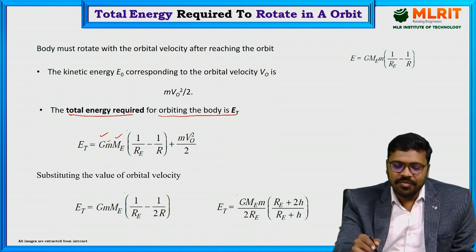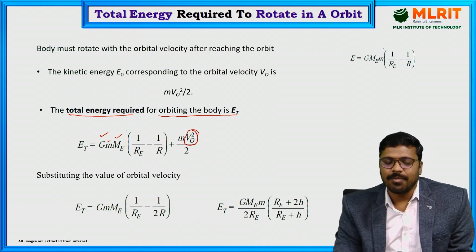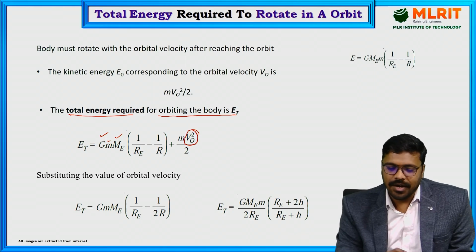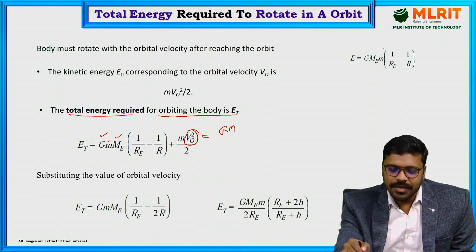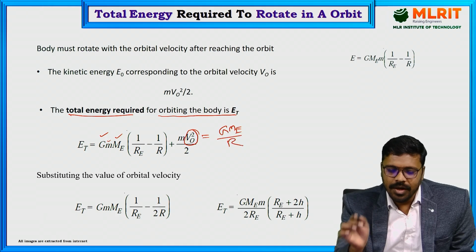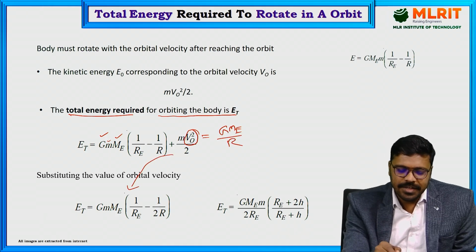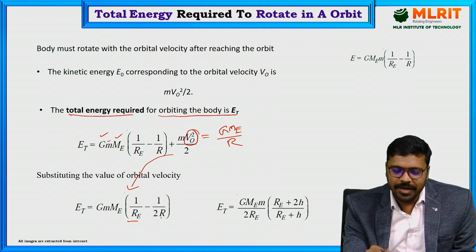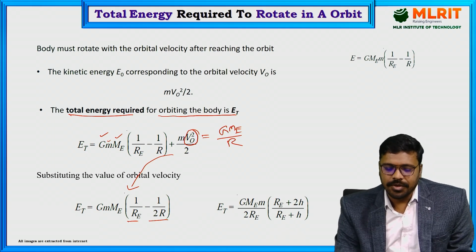Here, if you substitute the equation for the orbital velocity, V0 square is equal to G ME by R. Then this equation will turn to capital G m ME into 1 by RE minus 1 by 2R.